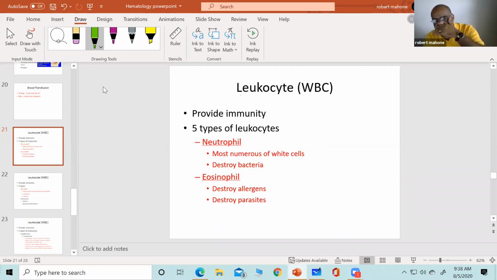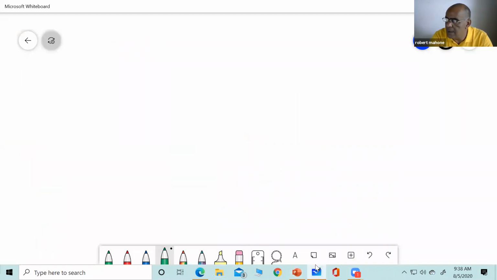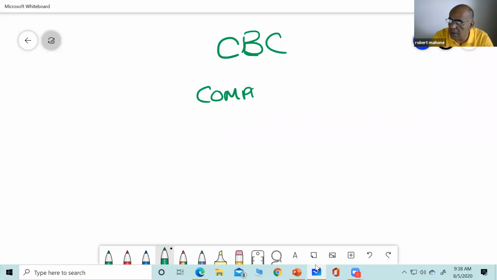And this is where we start looking at the CBC, the complete blood count, CBC.